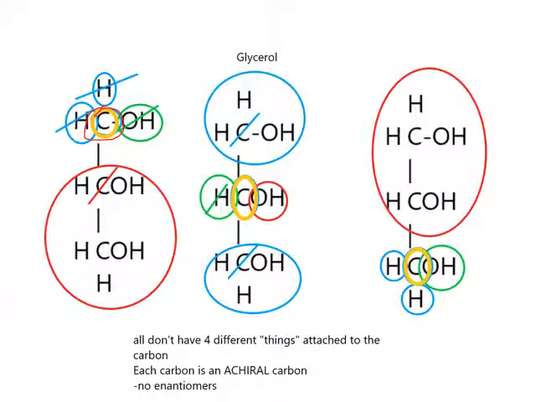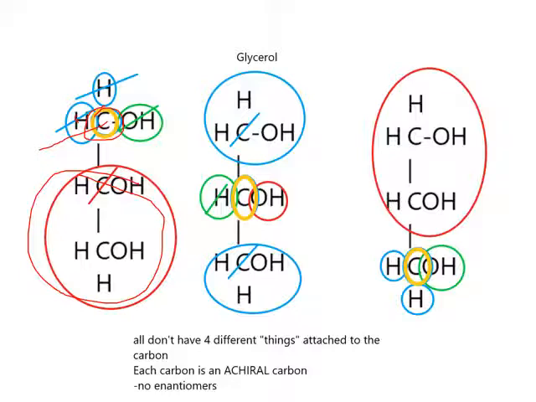But you have to look at this whole thing down here as a group. This carbon has 2 of the same thing, so it doesn't have 4 different things. So it has three kinds of things attached to it. So this carbon is what we call achiral. So so far, this molecule does not have a mirror image.